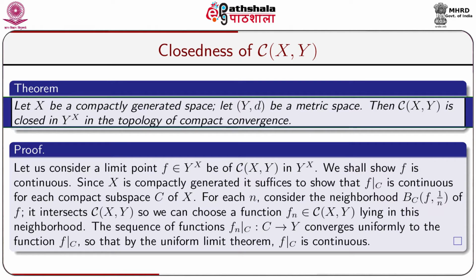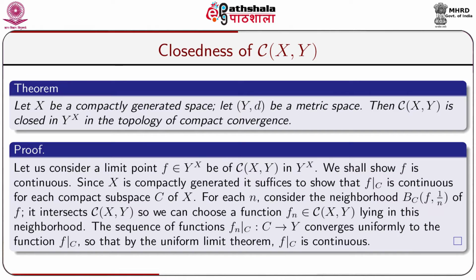Then C(X,Y), that is the collection of all continuous functions from X to Y, is closed in Y to the power X in the topology of compact convergence. To prove this, we have to show that any limit point of C(X,Y) is in C(X,Y).